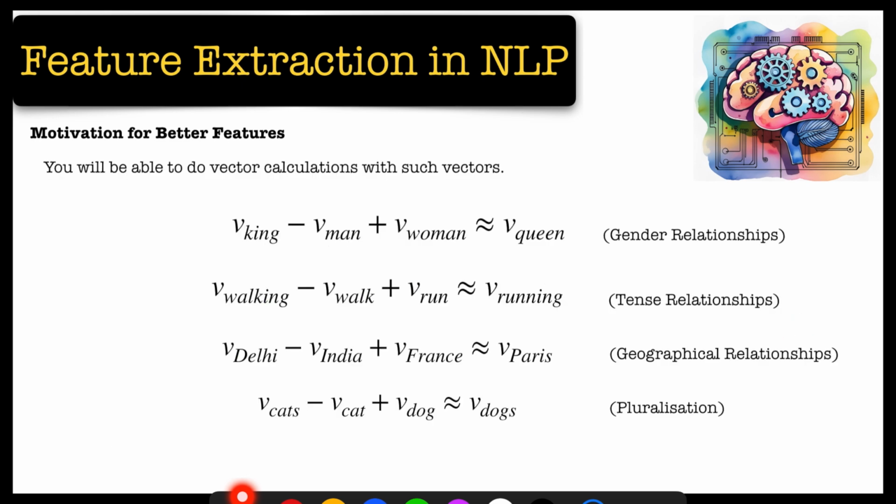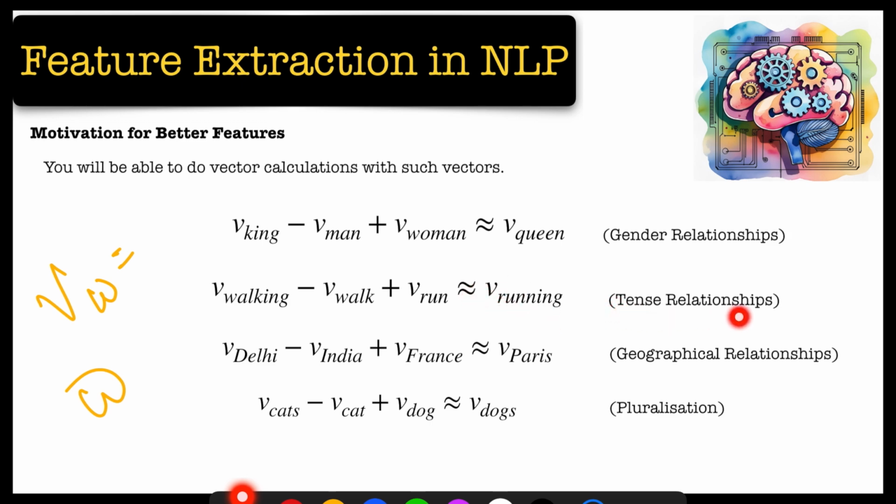We'll see now. If these vectors are meaningful, we'll be able to do vector calculations with such vectors, right? Let's say V(w) is the vector representation for w. V(king) minus V(man) plus V(woman) will give V(queen). This is a gender relationship we can capture if the vectors are meaningful. V(walking) minus V(walk) plus V(run) will give V(running).